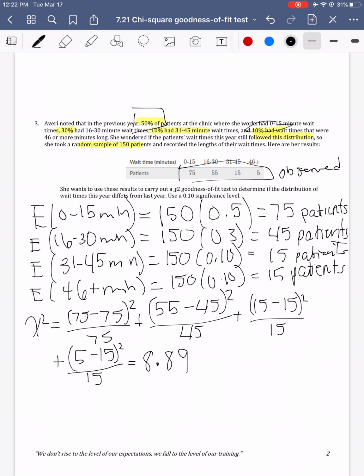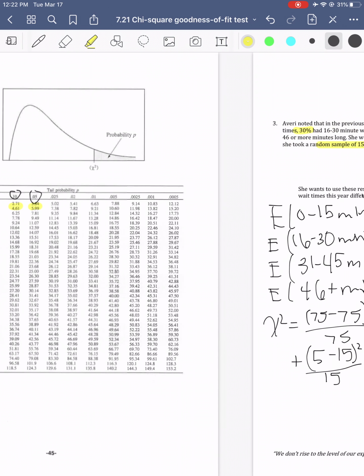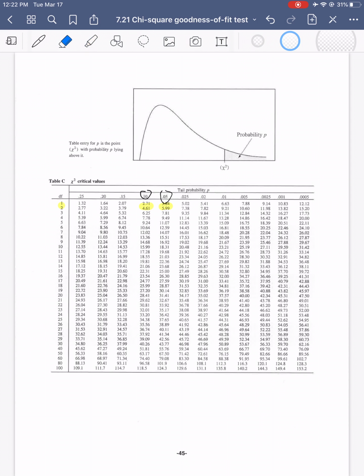And then again, I need my degrees of freedom. My DF here, we have 1, 2, 3, 4 categories. So 4 minus 1 is 3. So again, I need this value here and this value here. So I go back to my table, and let me erase this here. This is from our previous problem. And I look in the 3 row, and I look across for where 8.89 is.